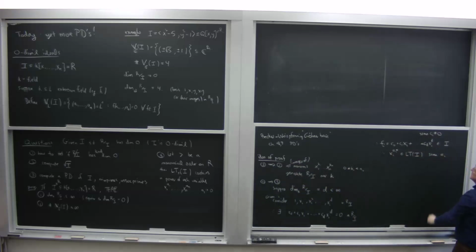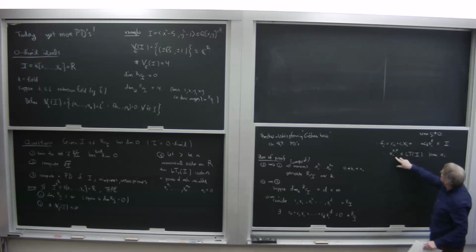I want to say some Cj is not equal to 0, and that's in the initial ideal.